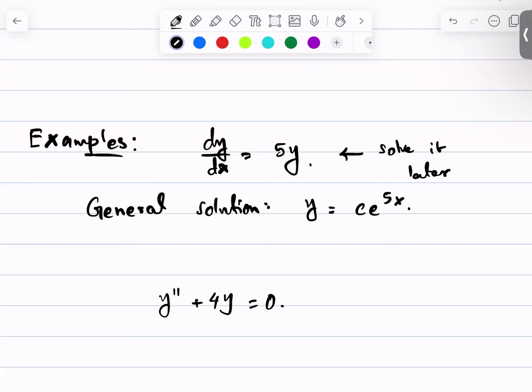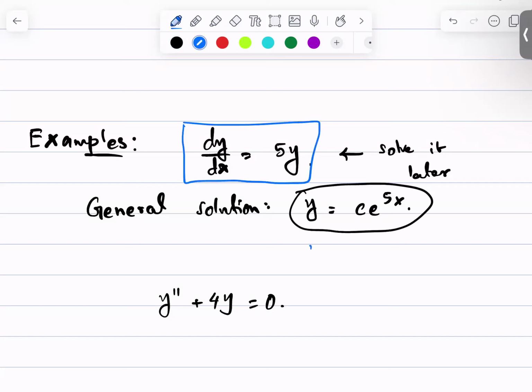You can check that this actually satisfies this differential equation. For example, if you just calculate dy over dx, then you'll get c times 5 e to the 5x, right? Which is just 5y. So therefore, this is actually a solution of the differential equation.